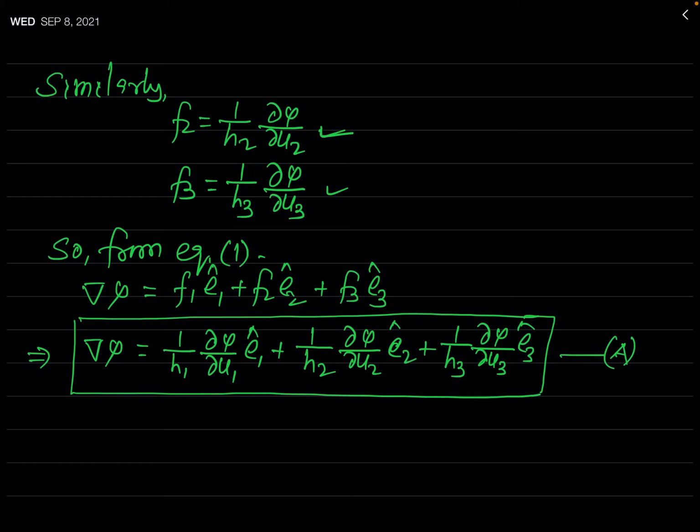So you must remember it. And from this equation you can easily define the expression for the gradient operator, that is the del operator. So you can easily see the general expression for this gradient operator or del operator in terms of orthogonal curvilinear coordinates.